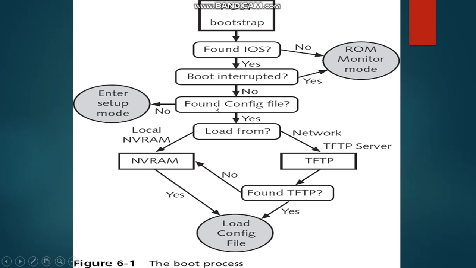Here you can see everything. If it finds a config file, then it loads from NVRAM, then the TFTP server. There are two options from which it can be loaded. In the last step, if a config file is found, then load the operating system.